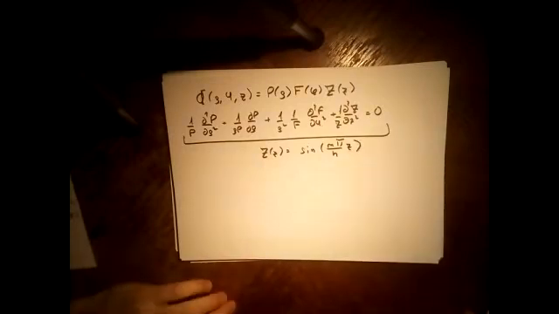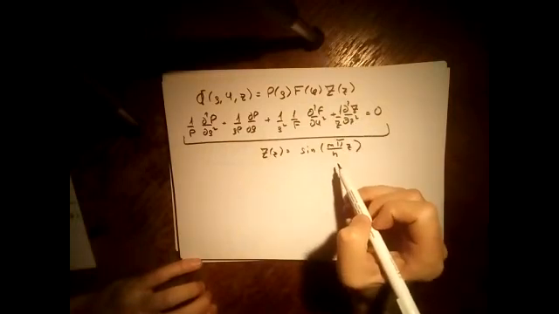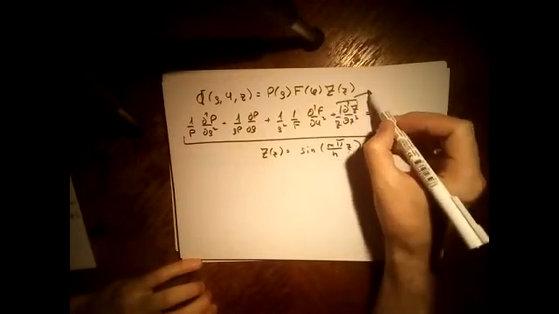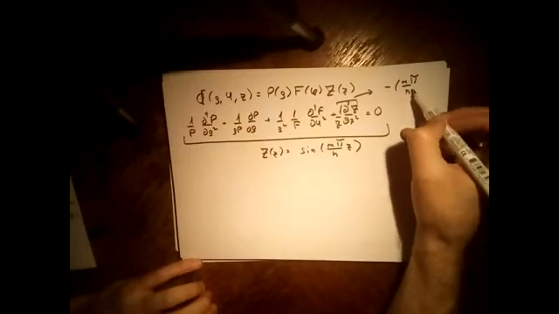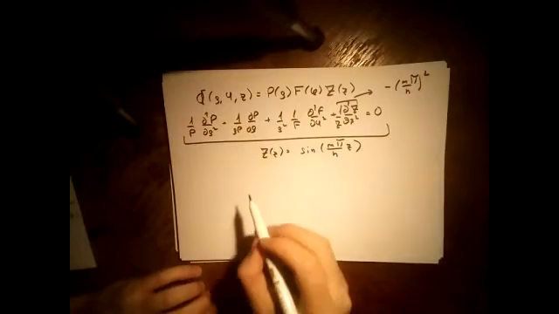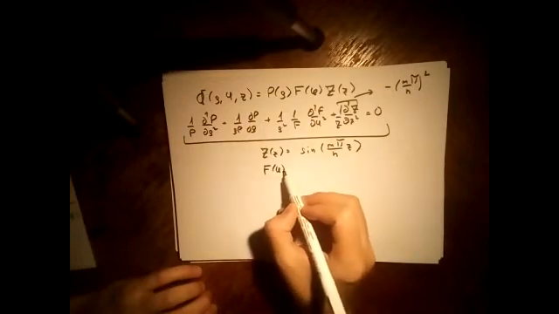Okay, and in this case, this whole term becomes minus (m pi over h) squared. So this whole term is going to be replaced by minus (m pi over h) squared.